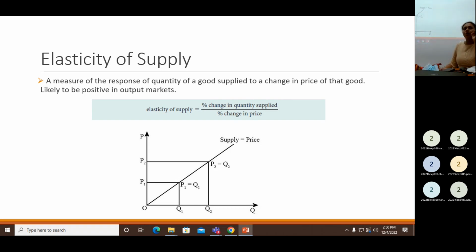Now, can you think in what situations there will be an elastic supply? That means for a small increase in price, suppliers produce and sell more. In what sort of situations can they have an elastic supply?